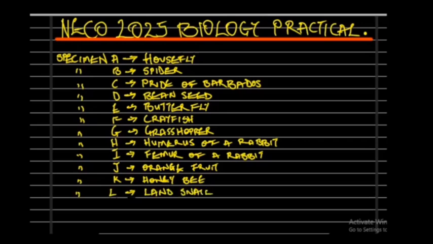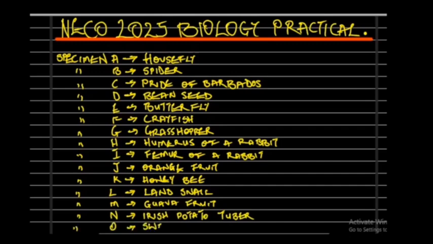Specimen M happens to be guava fruit. Our specimen N is Irish potato tuber. And lastly, our specimen O is the sweet potato tuber.